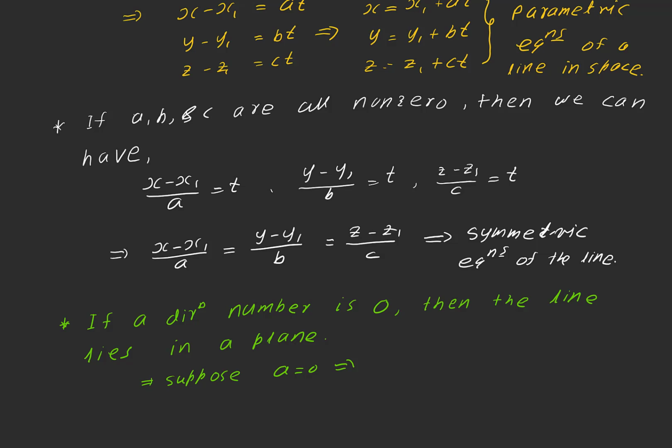Then what do you get? x equals x1, because the at part is 0. So x equals x1 is a plane, right? This is a plane parallel to the YZ plane. So again, if a direction number is 0, then the line lies in a plane.